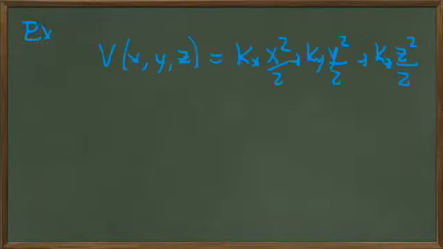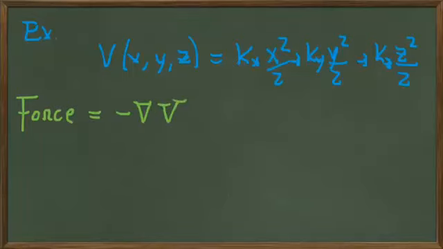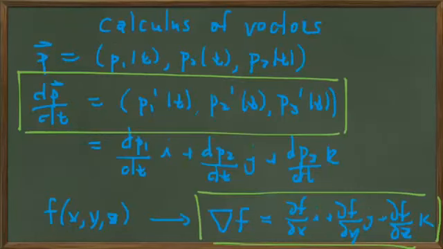Let's do two examples. Let's define V of x, y, z to be this. Then force, which we said was minus the gradient of V, and that is going to be the partials. Right, the gradient is defined as the partial with respect to x times i plus partial with respect to y times j plus partial with respect to z times k.